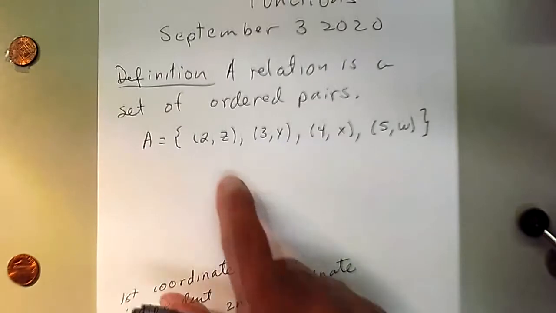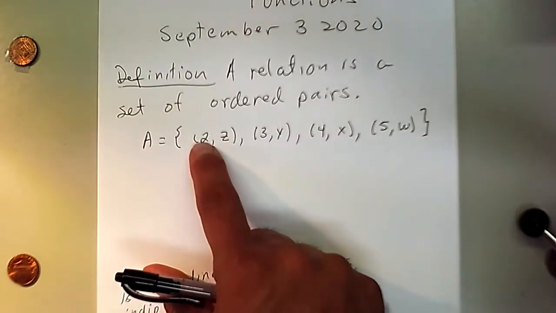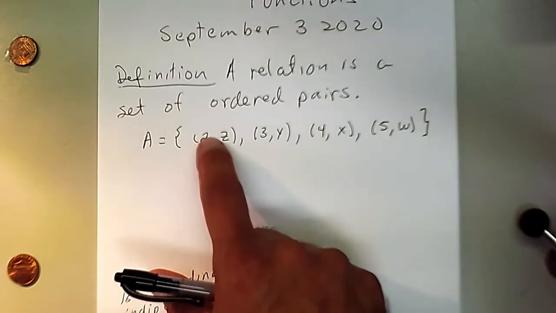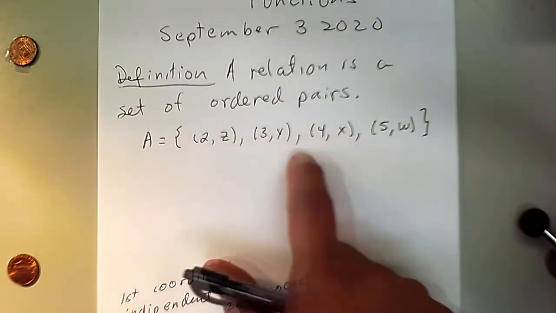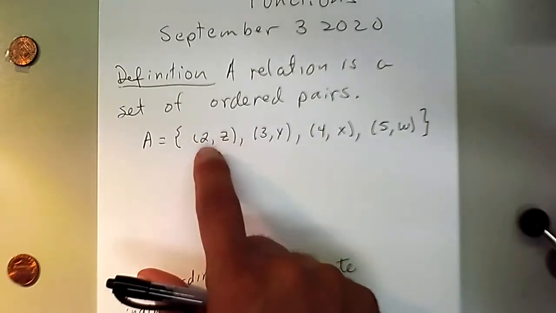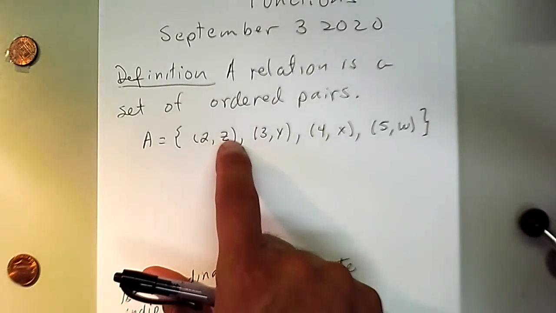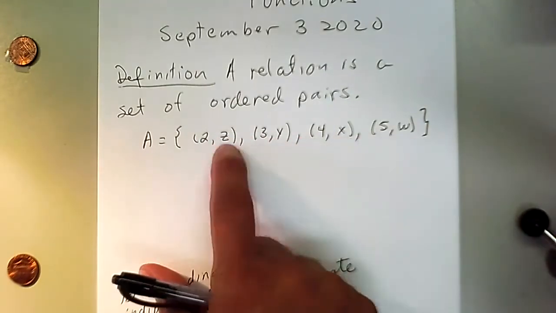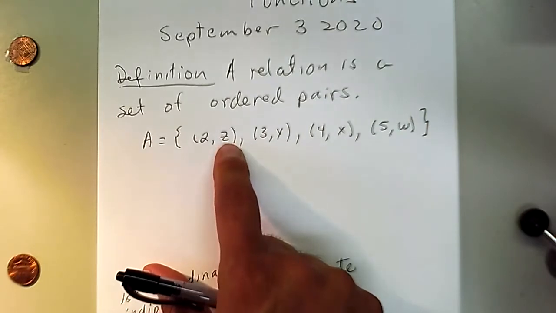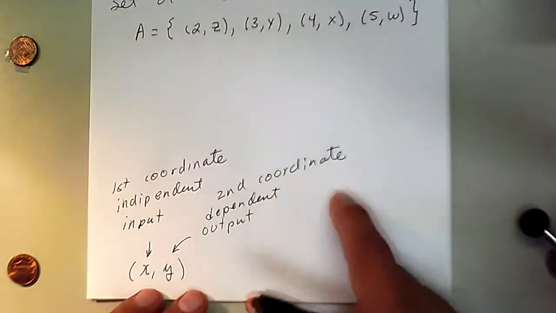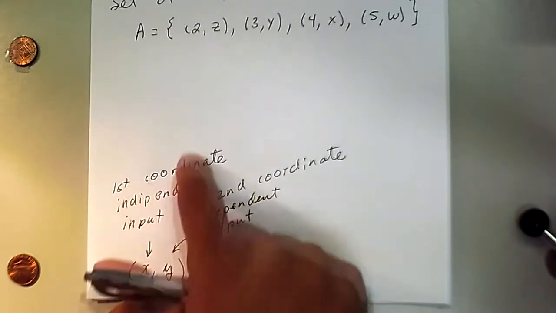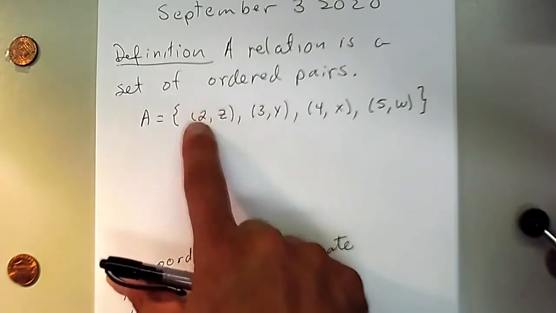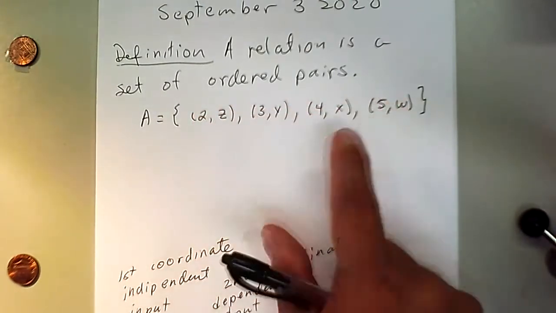In this case, we don't have a variable, it's the number 2, so it is difficult to call it an independent variable. But if we had a generic variable that would represent each one of those four numbers, that variable would be the independent variable. And if we have a variable that represents each one of those four letters, that variable would be called the dependent variable. First and second coordinate respectively. And this makes one pair, 2, 3, 4 pairs.